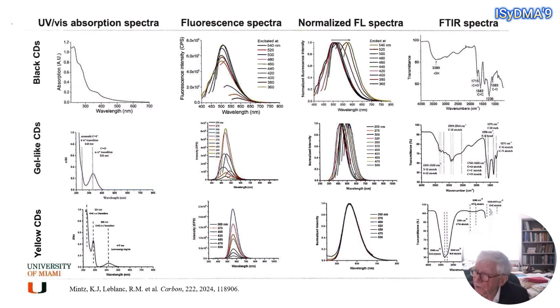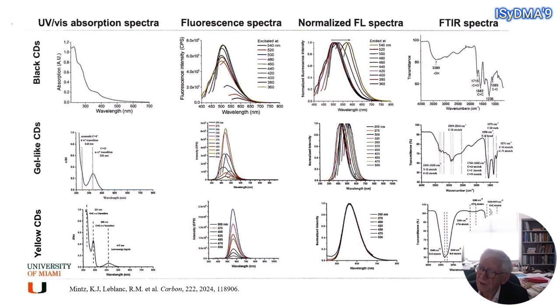And we can see for the normalized one, with different excitation, the band moves from the blue to the red. And again, we can look by FTIR at the composition of the surface of our carbon dots.